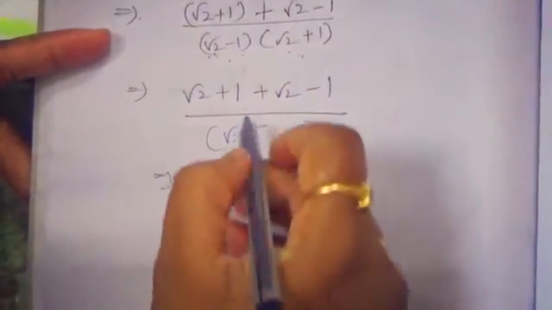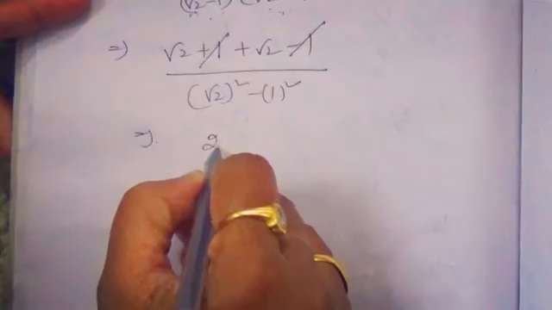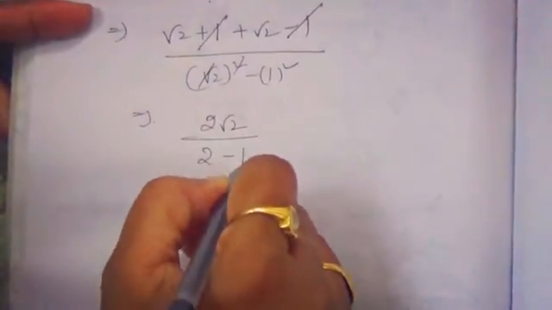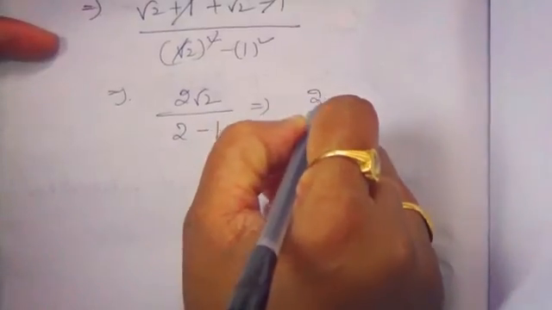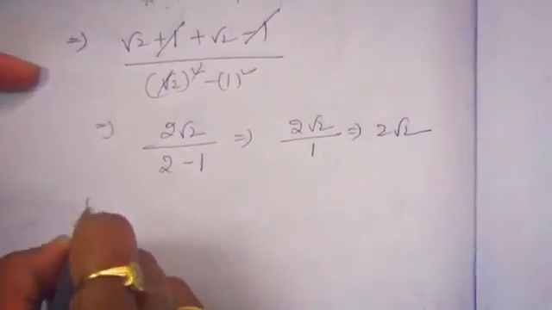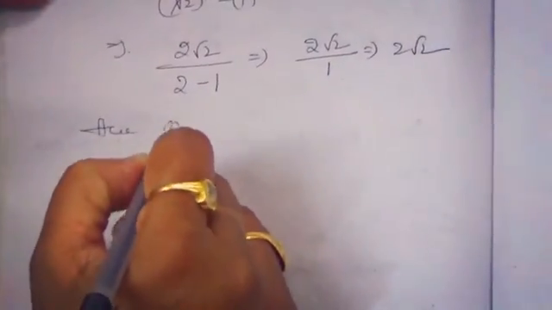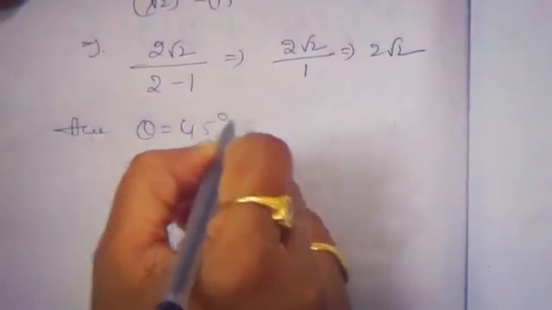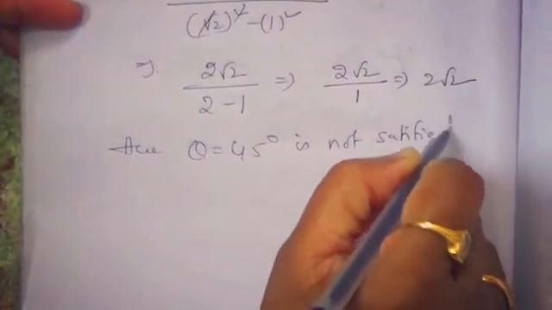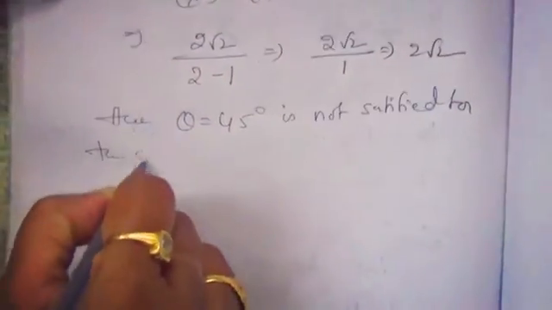These two cancel. 2 root 2 by 2 minus 1, that implies 2 root 2 by 1, which is equal to 2 root 2. Here theta equal to 45 degrees does not satisfy the given condition.